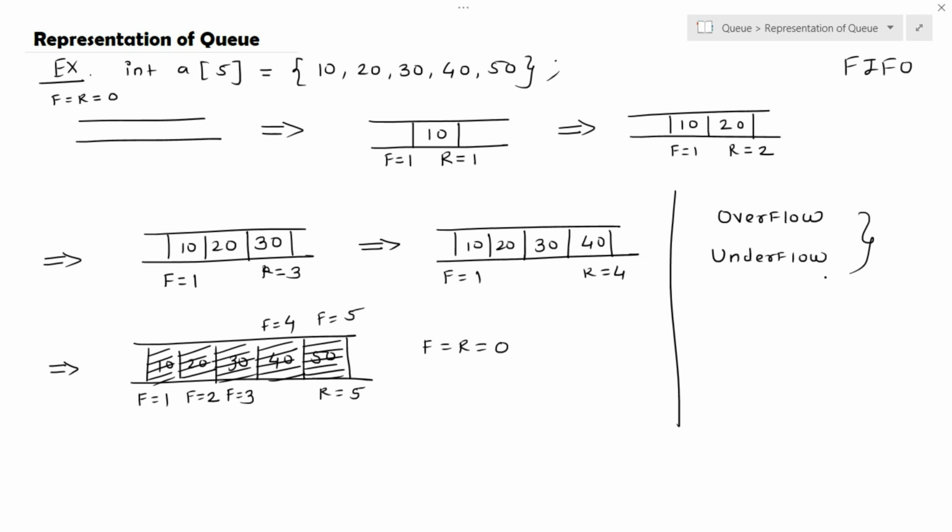So this is the basic concept of overflow and underflow. Remember once again, overflow means when the queue is full, then the overflow condition will occur and we are not able to insert a new element into the queue and it returns an error message. And underflow means when the queue is empty, the underflow condition will occur and we are not able to remove an element from the queue and an error message is returned.